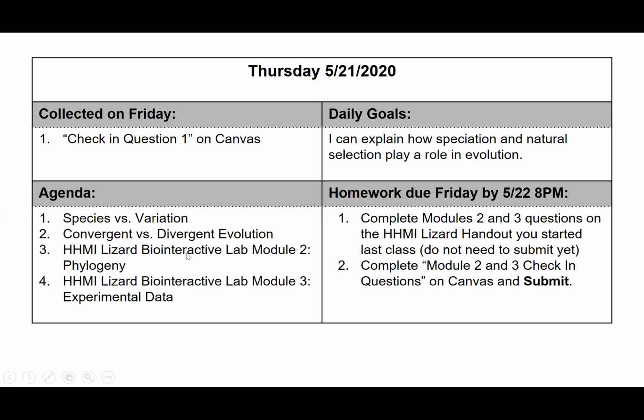So the 2 things we're going to be dealing with are phylogenies, okay? That's basically, you'll see in just a moment, the relationship between organisms. And then we're going to be doing some experimental data. So we're going to take the data that you've acquired, plus giving you some more data, and analyze it, okay?